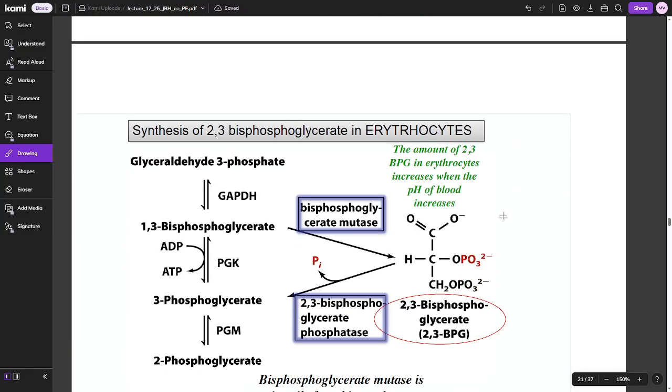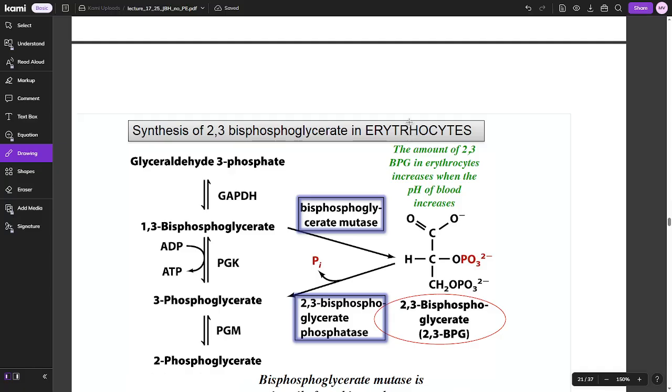And funny enough, you guys have seen 2,3-BPG as one of the things that affects hemoglobin, or O2 binding, and that is actually a glycolysis product. So 2,3-BPG comes from glycolysis.